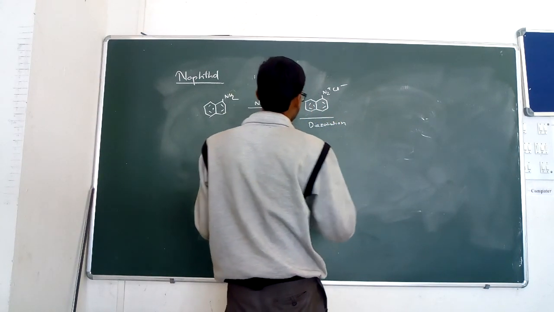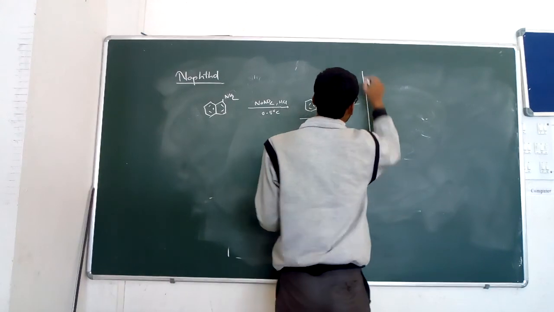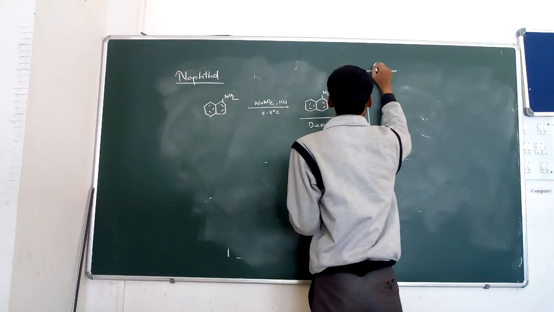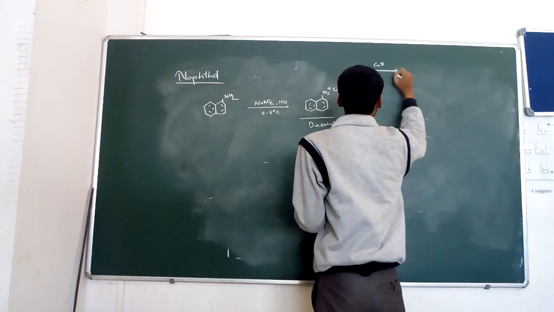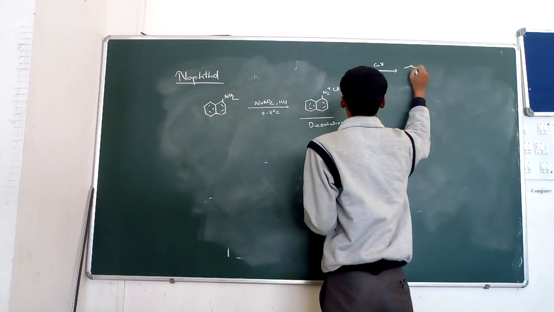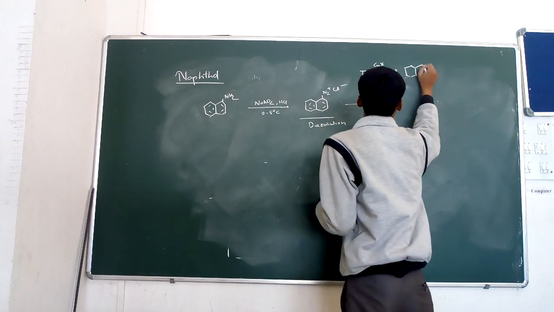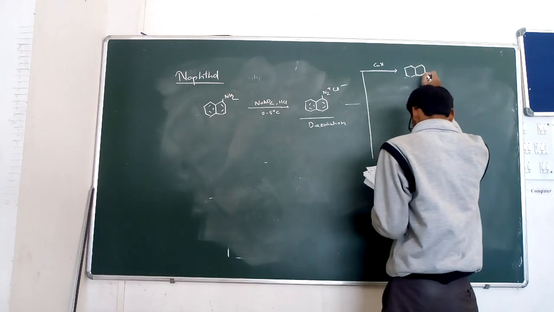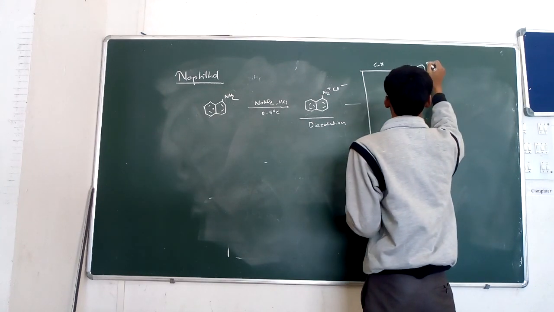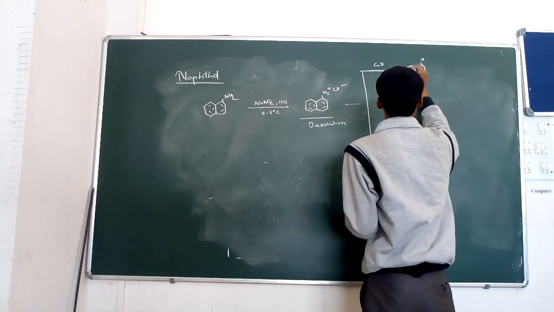When the diazonium salt reacts with a copper halide, it forms 1-halonaphthalene.